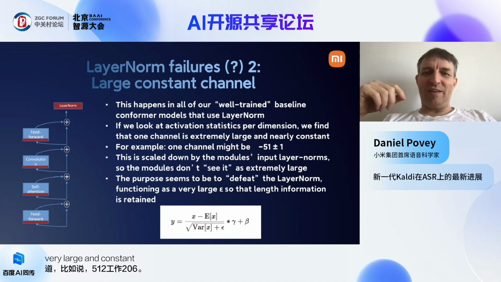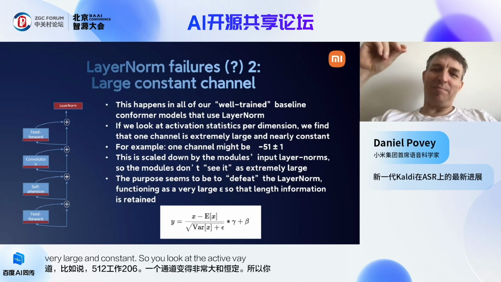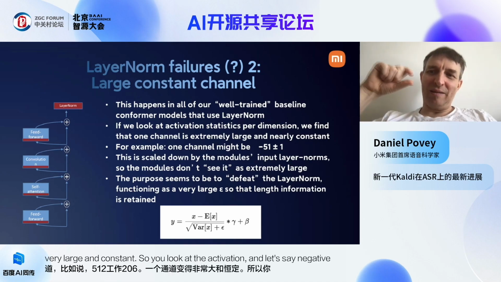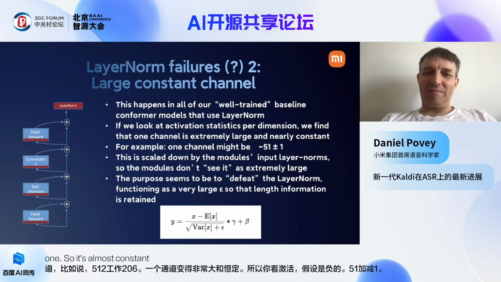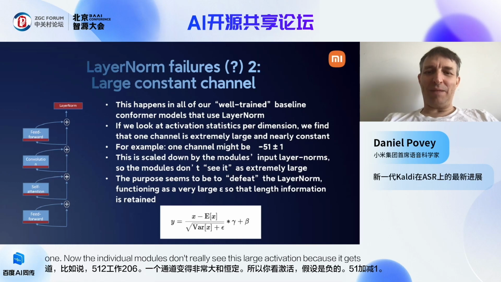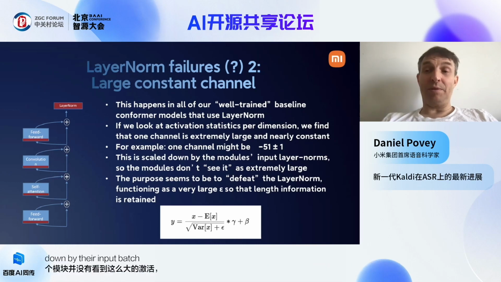So you look at the activation and it's, let's say, negative 51 plus or minus 1. So it's almost constant. Now, the individual modules don't really see this large activation because it gets scaled down by their input layer norms.